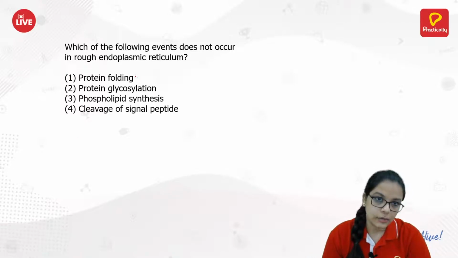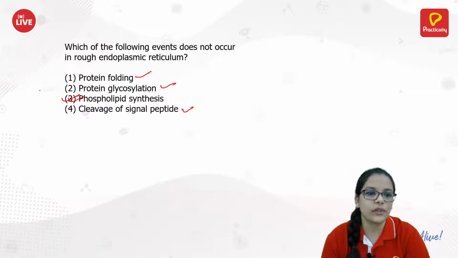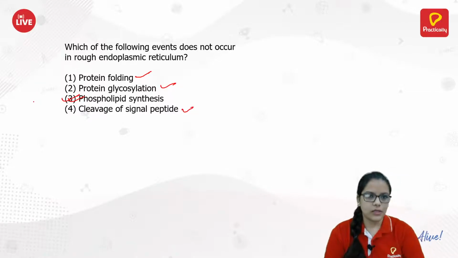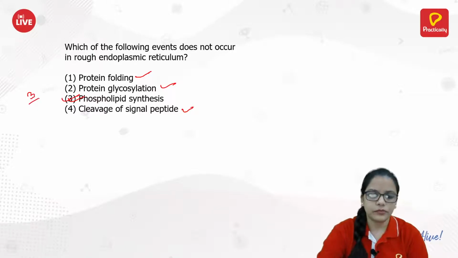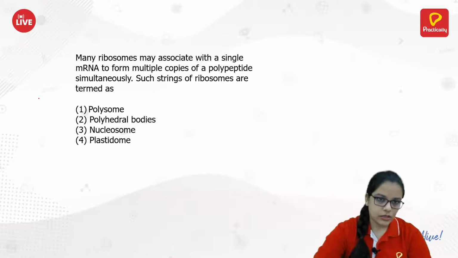Protein folding happens, glycosylation happens, cleavage of signal peptide happens, but phospholipid synthesis does not happen in rough endoplasmic reticulum. It happens, I think, in smooth endoplasmic reticulum. Many ribosomes may associate with a single mRNA to form multiple copies of polypeptides simultaneously. Such strings of ribosomes are known as polysomes.